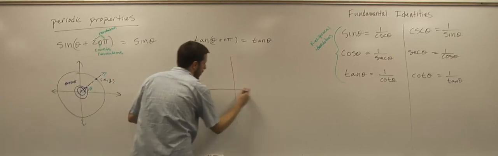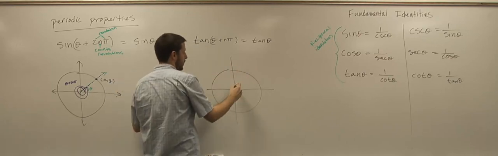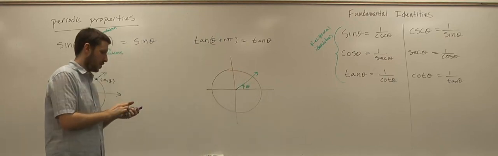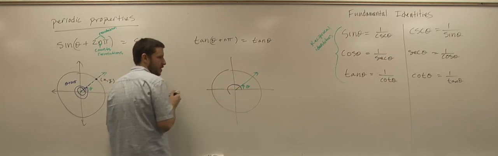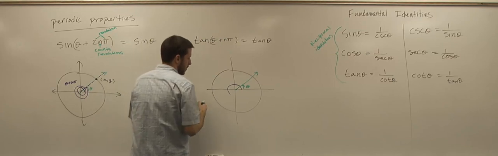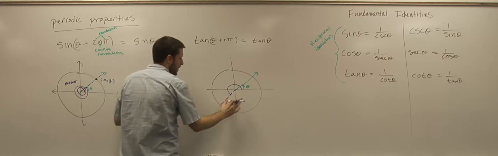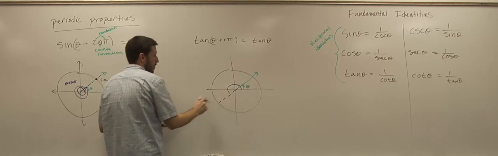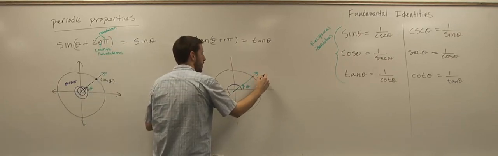So schematically, whether you go theta right here, say, or you go theta and then a half revolution, because pi is only a half revolution, you're going to get the same tangent value. Over here, the point on your unit circle would be x, y.